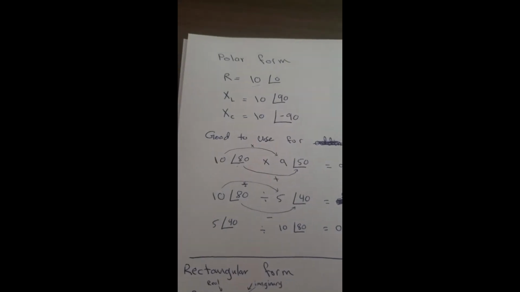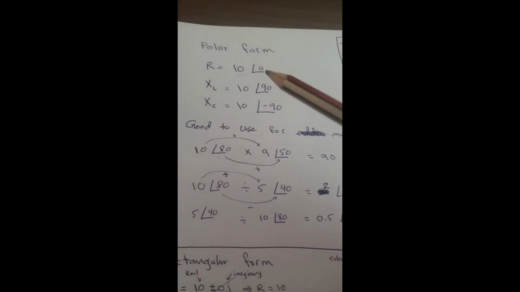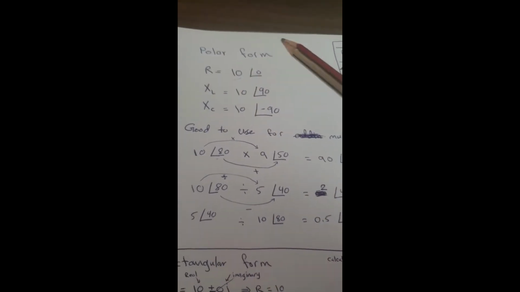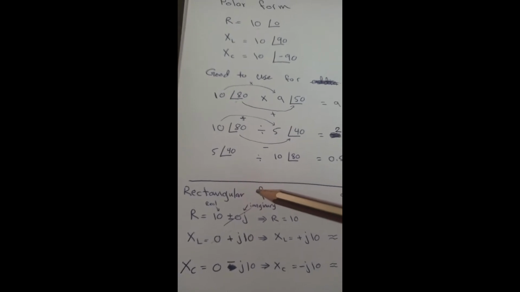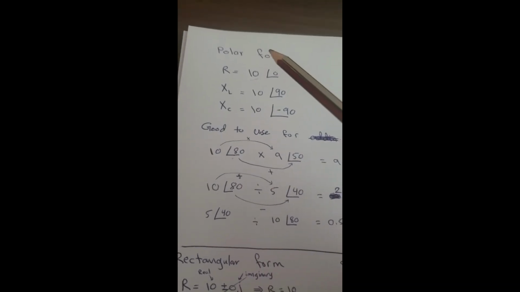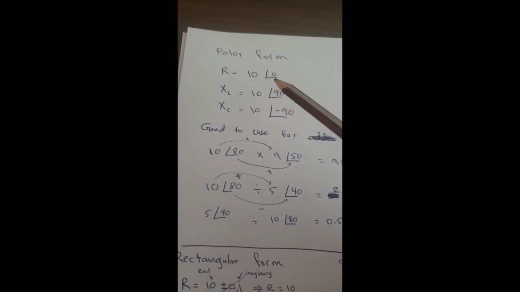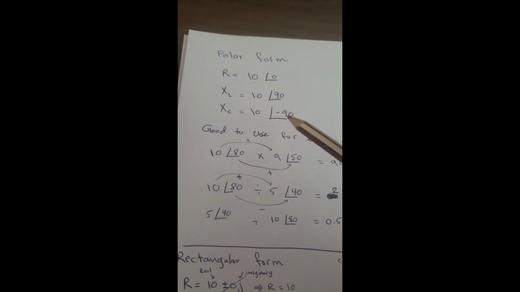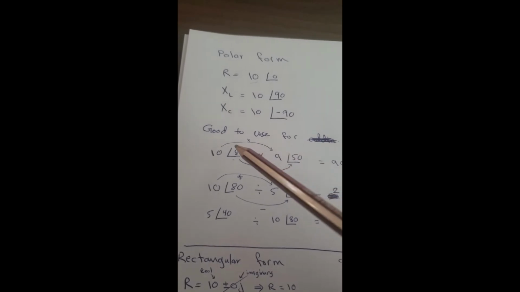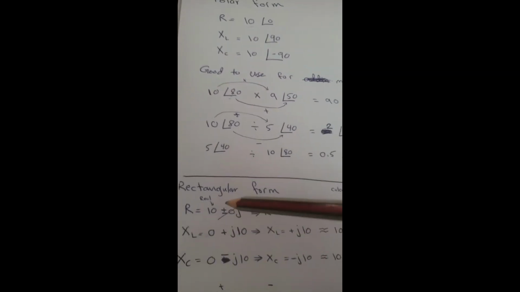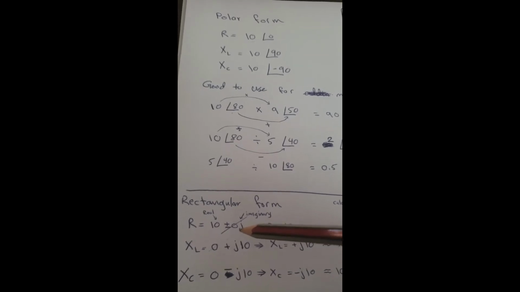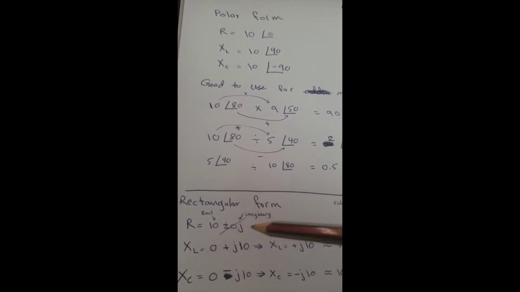Now we have two types of representation for the value of the resistance or reactance. We have the polar form and the rectangular form. The polar form is giving you the magnitude and the angle. While the rectangular form, it gives you the real number, the imaginary number, and the angle of the imaginary number.